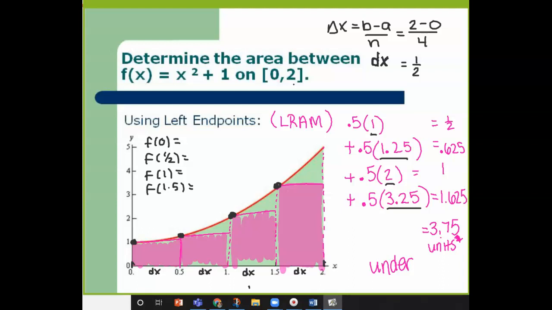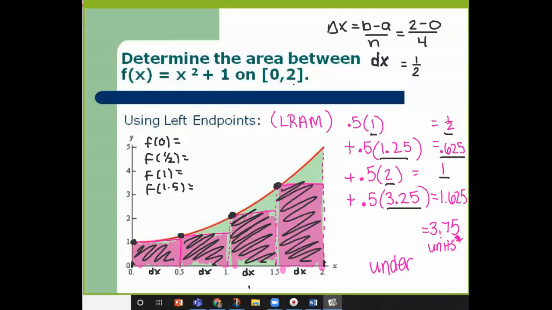So we get an area of the first rectangle of 1/2. The second rectangle is 0.625. The third rectangle is 1. And the fourth rectangle is 1.625.